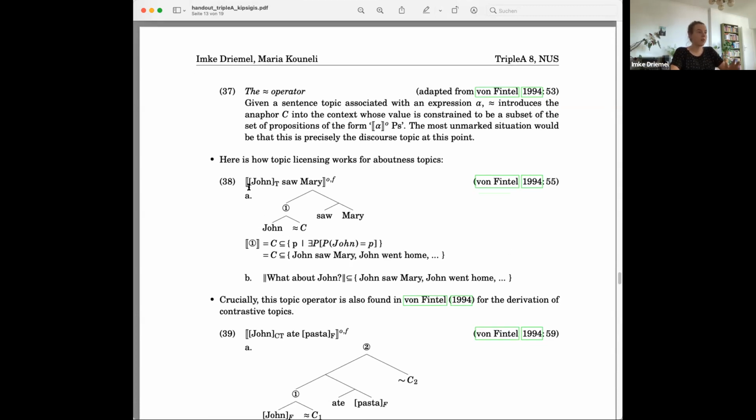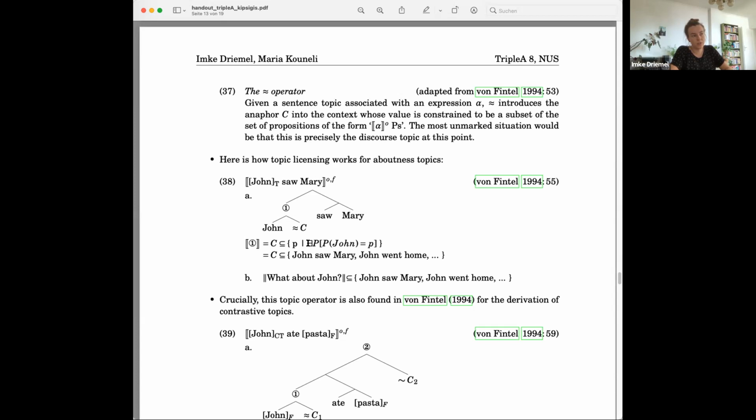Okay, so here's how von Fintel derives aboutness topics. John saw Mary, right? That could be licensed in a context where the question is, what about John? This is a variant of the tell me about X context, we think. Here we see that the double squiggle attaches directly to the topic phrase and introduces a C variable. C has to be a subset of a set of the form alpha p's.